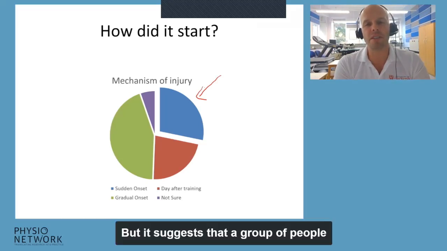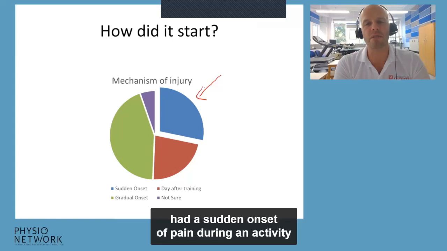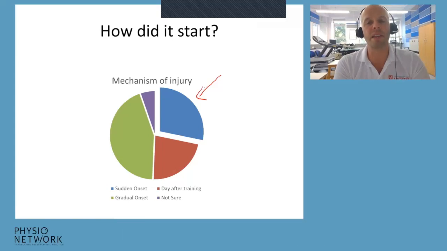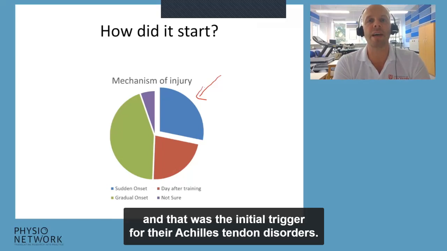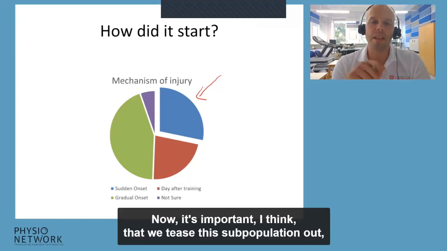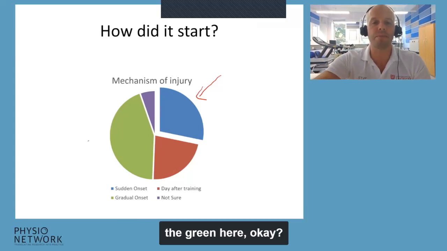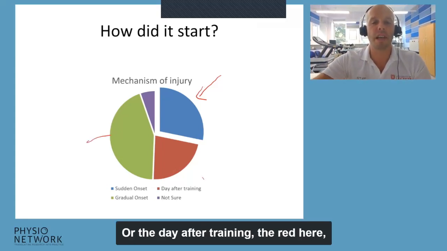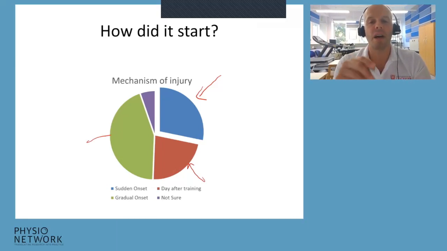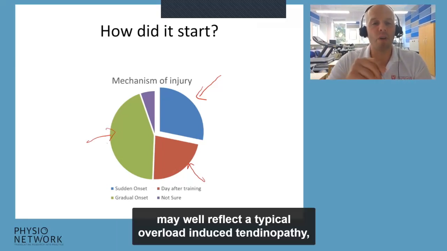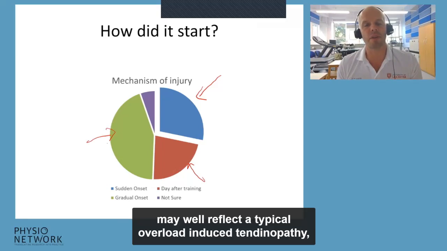But it suggests that a group of people had a sudden onset of pain during an activity, and that was the initial trigger for their Achilles tendon disorders. Now, it's important, I think, that we tease this subpopulation out, because in my mind, the gradual insidious onset, the green here, or the day after training, the red here, may well reflect a typical overload-induced tendinopathy.